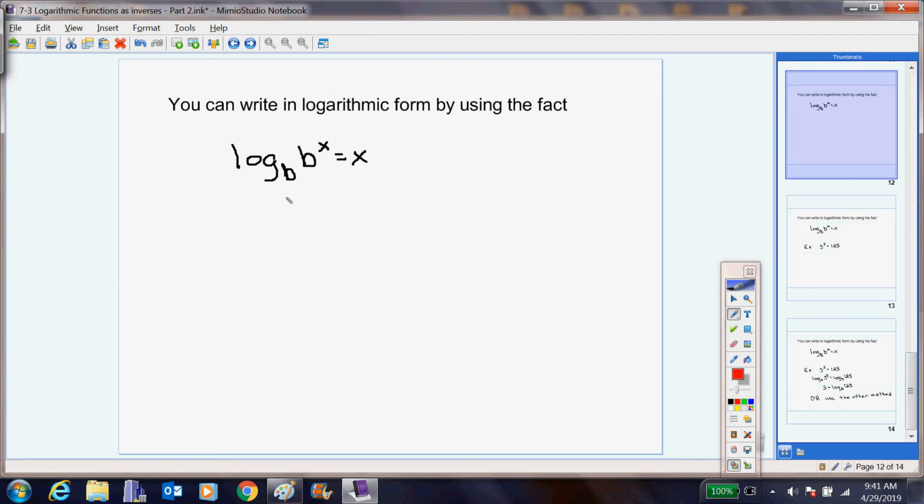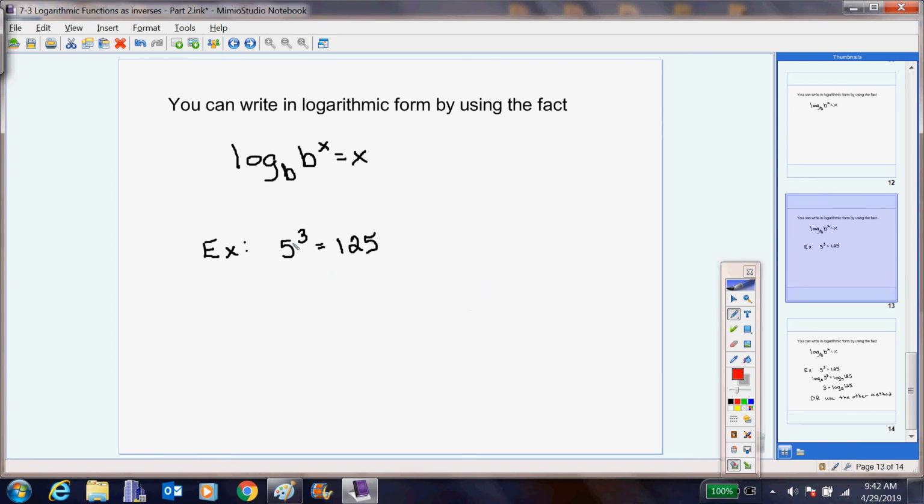We can rewrite in logarithmic form, understanding that if you have log base b of b to the x, then the answer turns out to be x. It's almost like these b's don't exist, because b to the x power equals b to the x power, so the answer is x. This way is a little bit harder to get your mind around. That's why we were solving things in other ways.